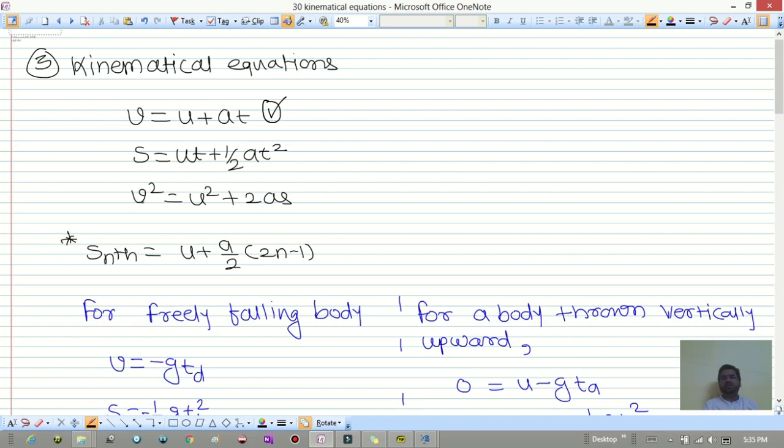Then v final velocity, u initial velocity, a acceleration, s displacement. The nth second formula, we get from this displacement formula only, and that is equal to u plus a by 2 into 2n minus 1. So all these formulas are very important. Do remember this. Now we can apply these formulas for a freely falling body and for a body thrown vertically upward.